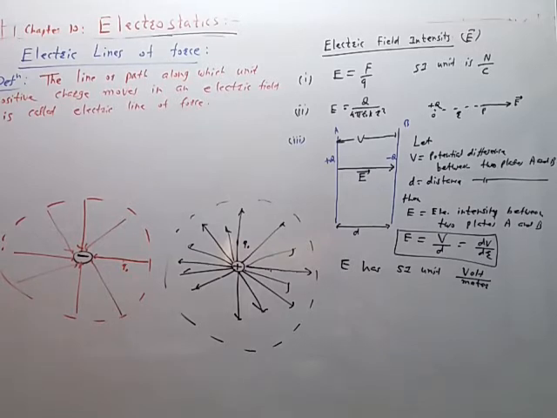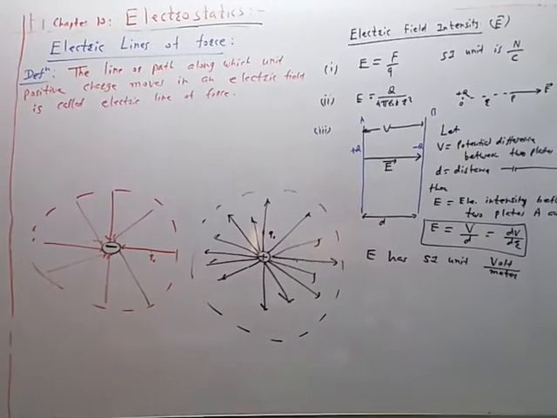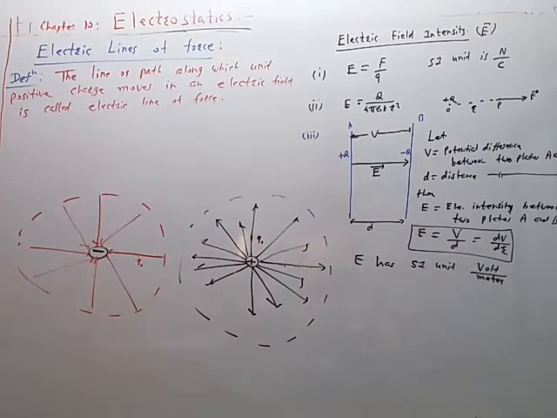The path or the line along which the unit positive charge moves in an electric field is called as electric lines of force. So this is the definition.